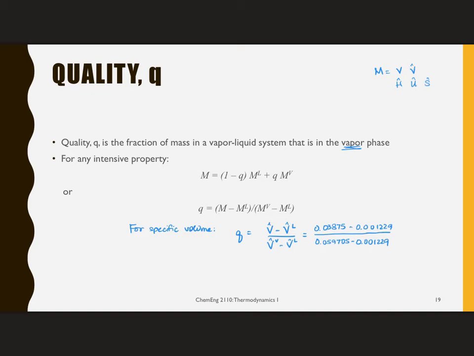Meters cubed per kilogram over meters cubed per kilogram cancels out, and so I'm left with 0.6416. Okay, so what does that mean? It means this mixture is 64.2% vapor, and the balance, or in this case 35.8%, is liquid.